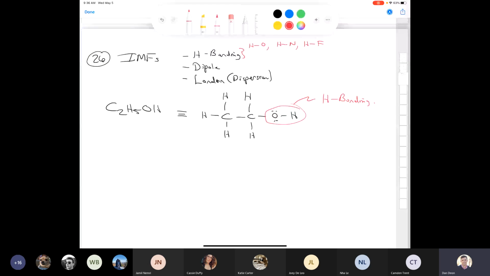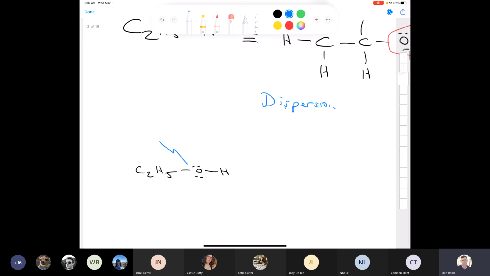So we have dispersion forces in the molecule, so we'll write down dispersion forces as well. Now, if we draw a more condensed structure of ethanol, we draw the C2H5OH like this. What do you know about this oxygen when it's got 2 bonds and 2 lone pairs?